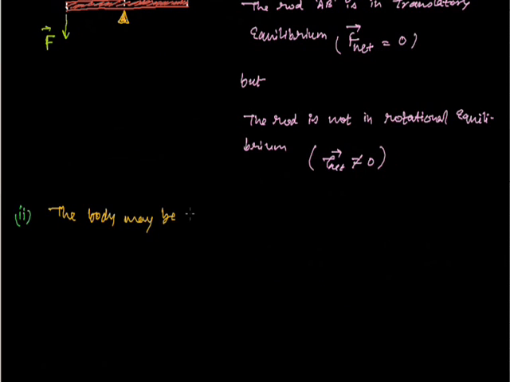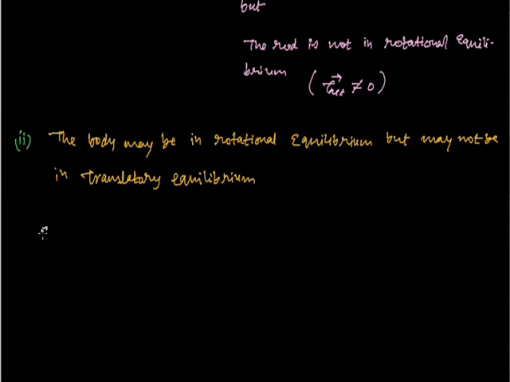Let us take the second case. The body may be in rotational equilibrium but may not be in translatory equilibrium. Let us consider the same example of the rod.